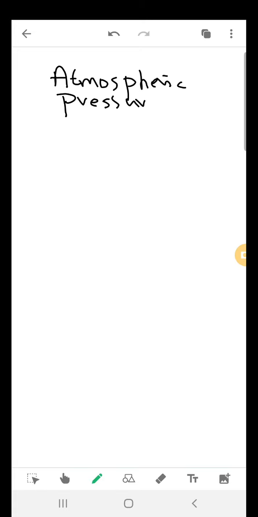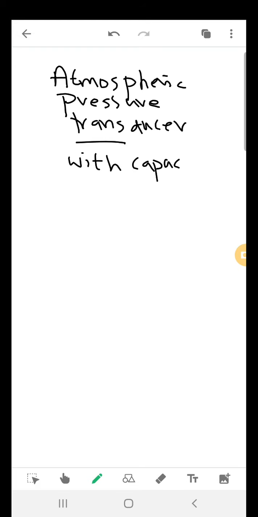There is another transducer called the atmospheric pressure transducer with capacitive measuring cell.